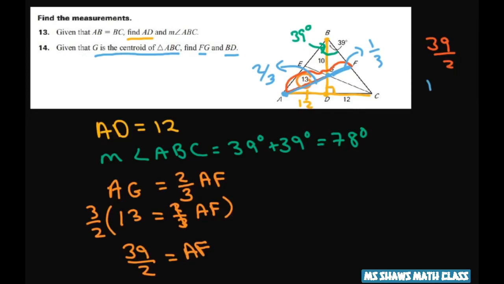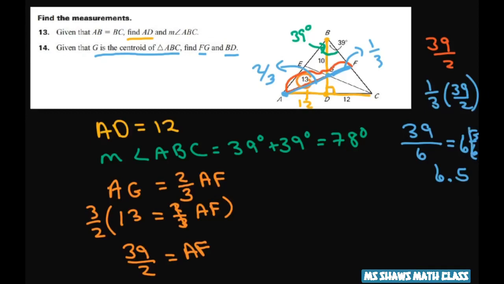So 1/3 times 39 divided by 2 is 39 divided by 6. And 6 goes into 39 6 times with 3 left over. So that's really going to give you 6.5 because 3/6 is 1/2. So that's your answer to that, 6.5.